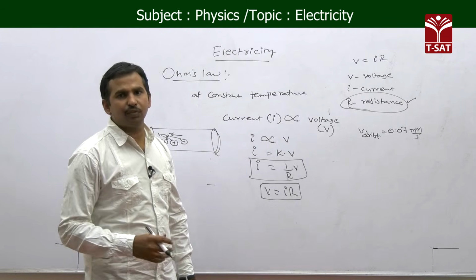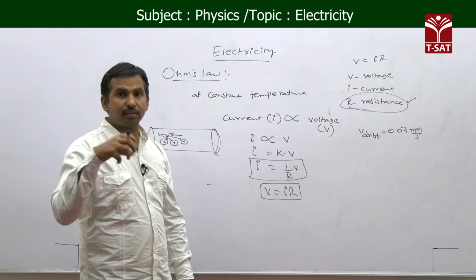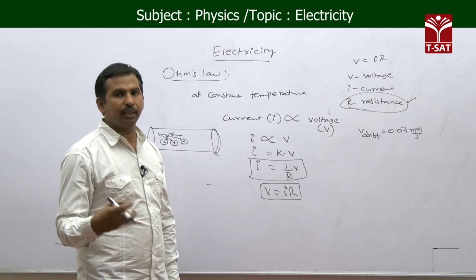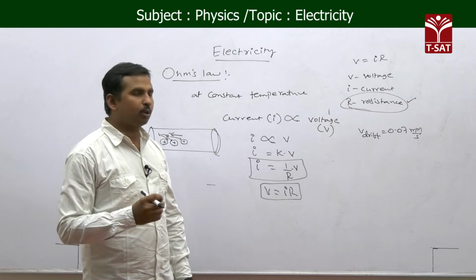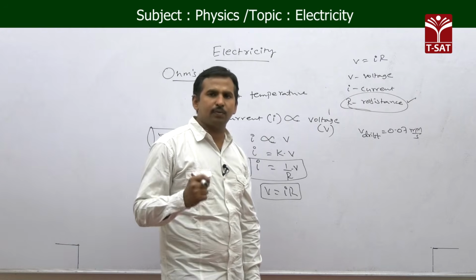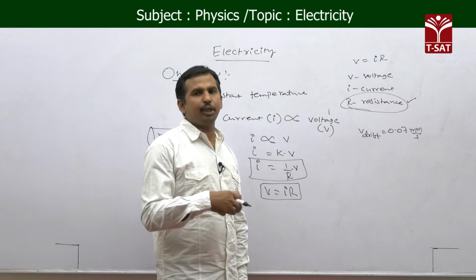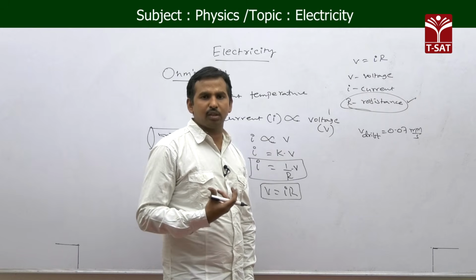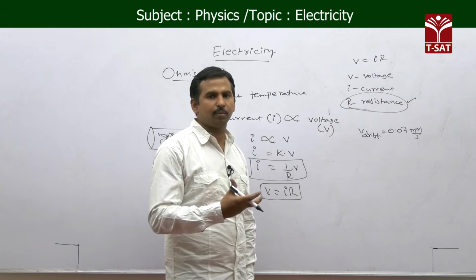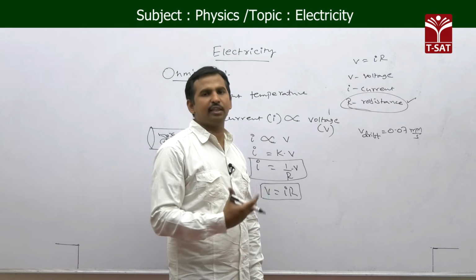That is the velocity with which the electrons are moving inside that conductor. Then if the velocity is 0.07 millimeter per second, which is very little, how is it possible that whenever we turn on a switch, immediately we get the reaction, like the fan rotating or the bulb glowing, in very little time?